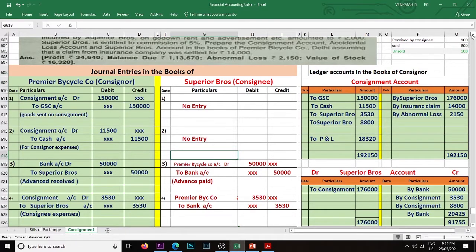34,640. And unsold stock is there. By consignment stock, consignment stock value is 16,320. Thirty-four.